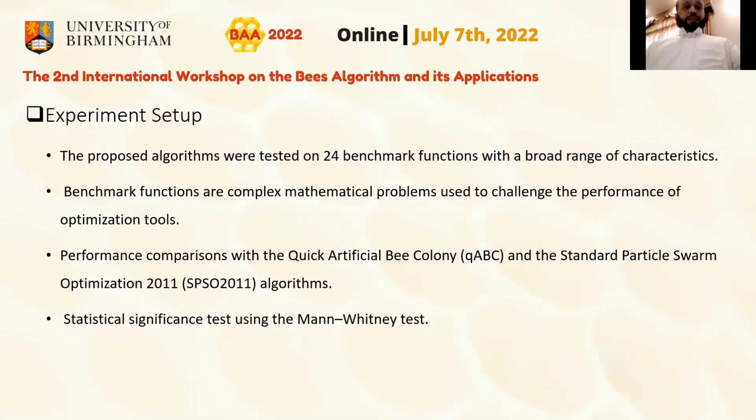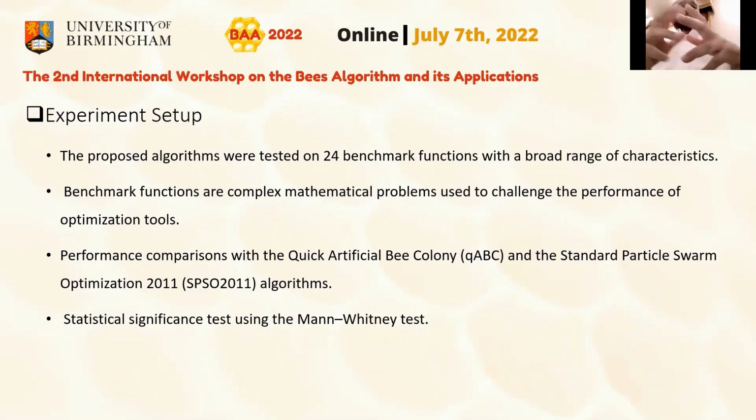The benchmark functions themselves are complex mathematical problems, and it is common in the optimization literature for testing optimization algorithms. It's a common method to challenge the performance of the optimization tools.